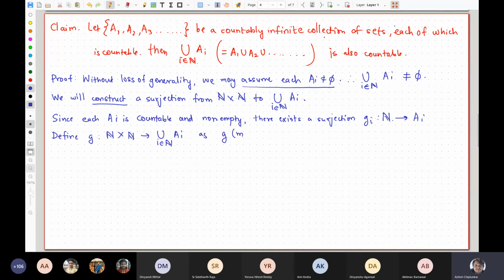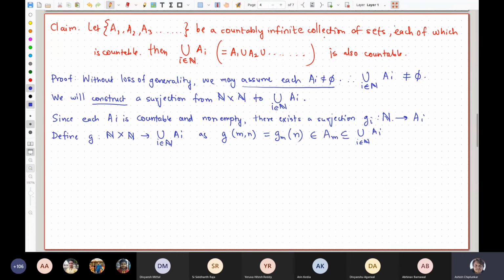So let's define the function from N cross N to this union over all A_i. Define g going from N cross N to the union over i in N of A_i as follows. We define g of (m, n) as: you take the m-th function out of these, so you apply g_m to the number n. Remember that this object is in the set A_m, which is a subset of the union over all i in N. So this function makes sense.